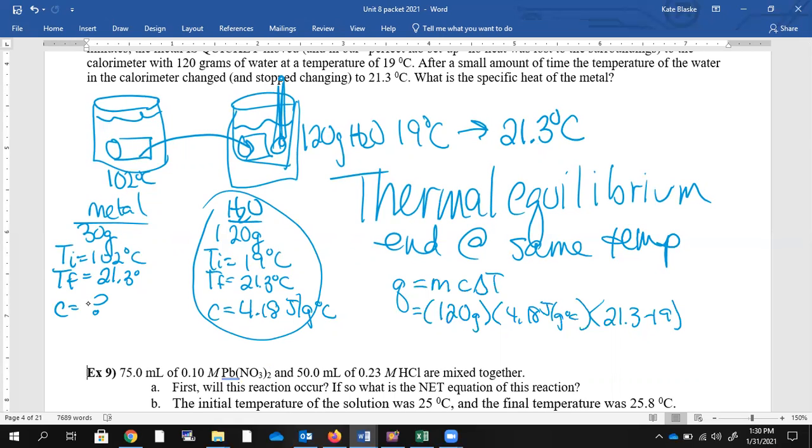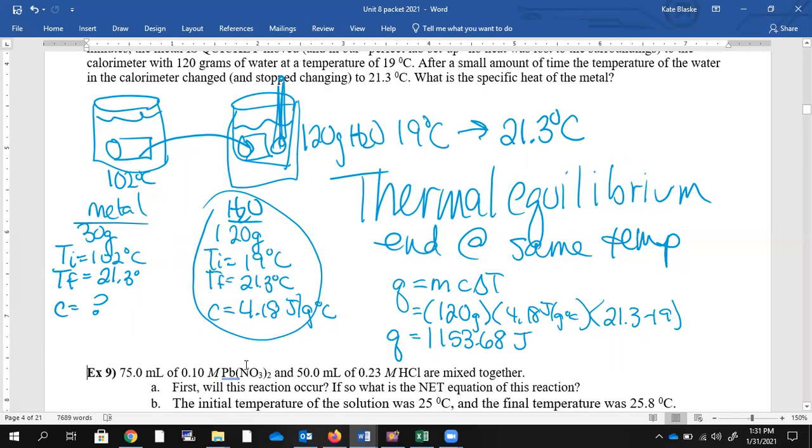There we go, that's better. So my Q value is 1,153.68 joules of energy. Now, that is going to stay positive because energy went into my water. Its temperature increased, so that has to be an endothermic process.